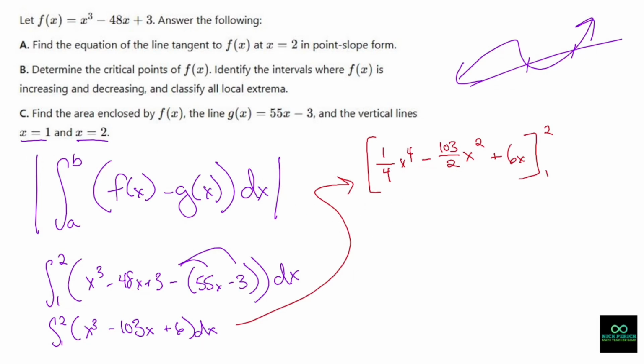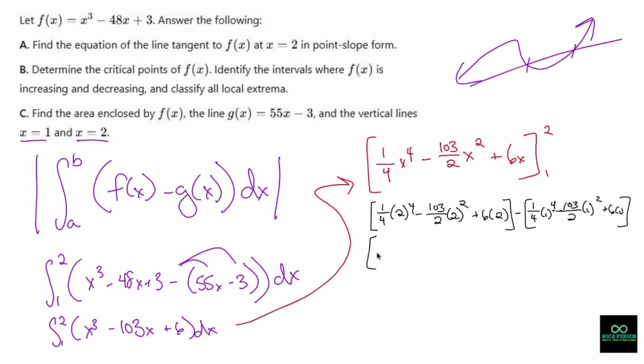Okay, so I have 1/4 times 2 to the fourth, minus 103 halves times 2 squared, plus 6 times 2, minus, 1/4 times 1 to the fourth, minus 103 halves times 1 squared, plus 6 times 1.